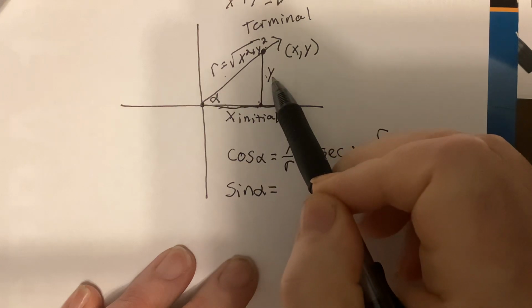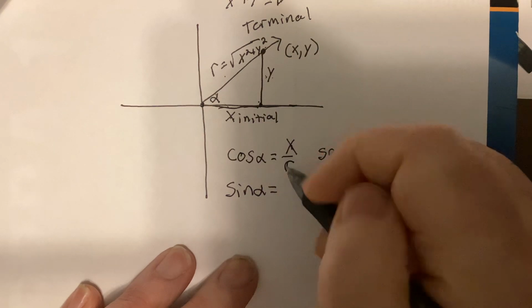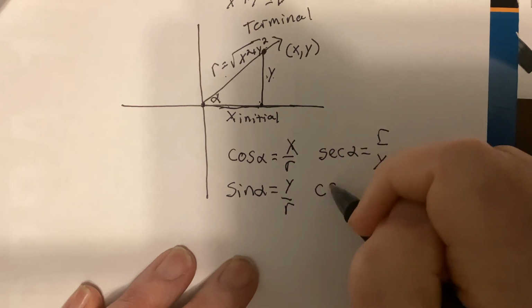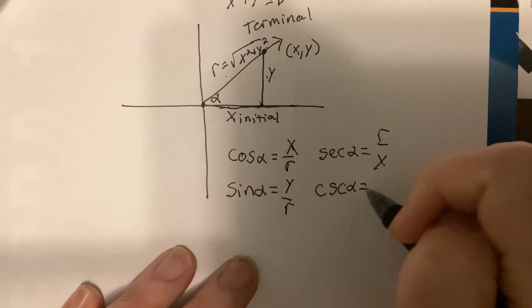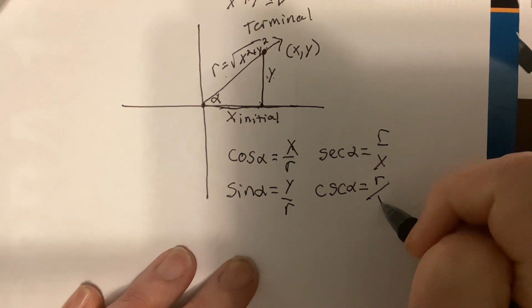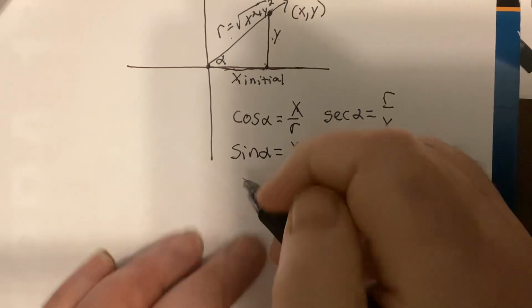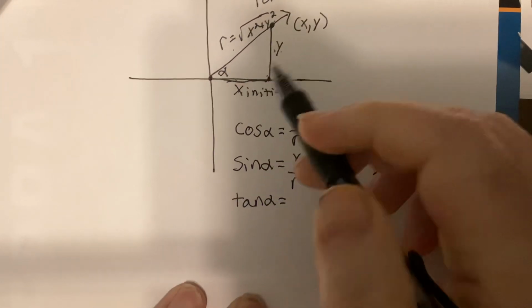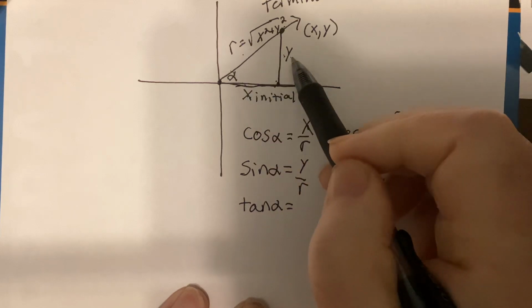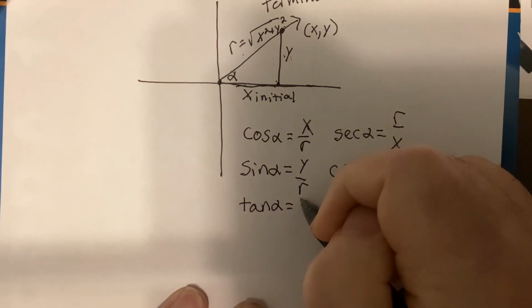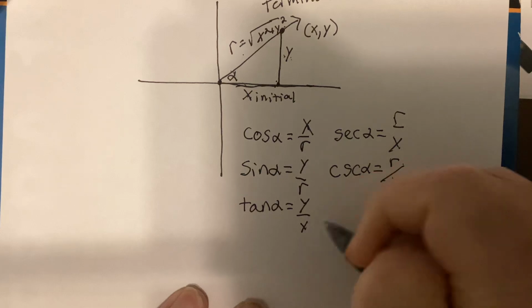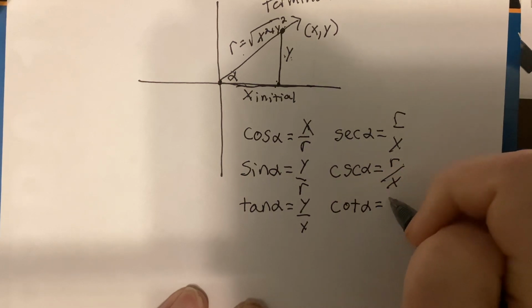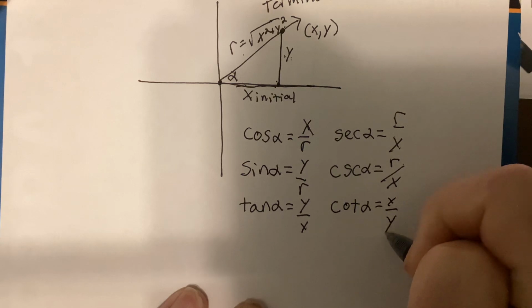Opposite is y over r. So cosecant would be r over y. Tangent is opposite over adjacent. That'd be y over x. So cotangent would be x over y.